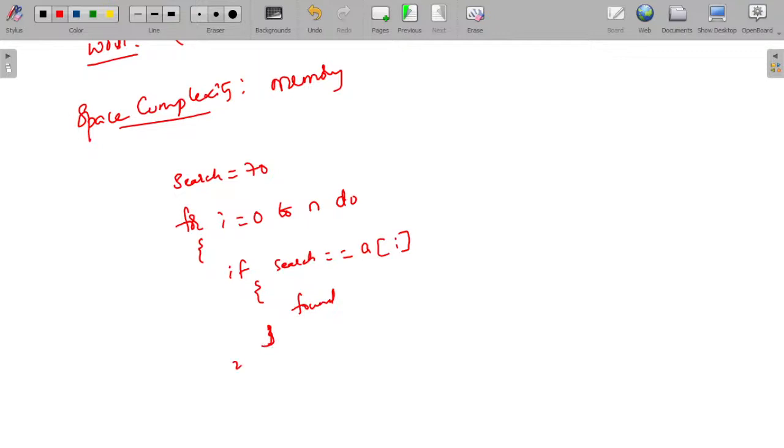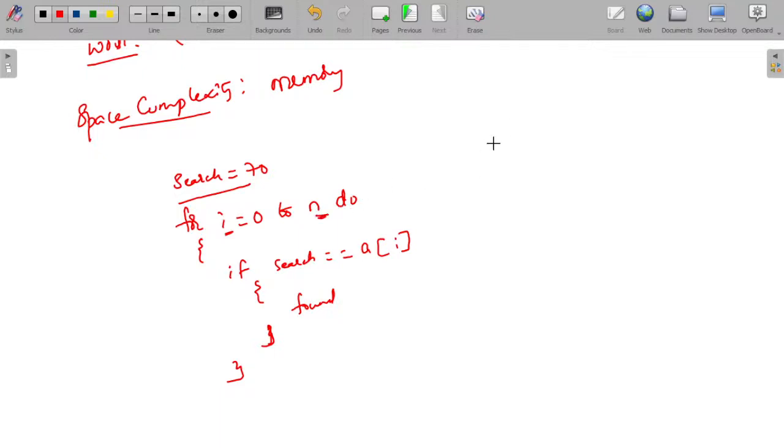Okay, so here the amount of space that it is going to take is, first we have to compute the constant space. So these particular variables are not going to change. I mean, the amount of space that they are going to occupy is the same. So here we have the constant variables: the search variable and the i variable. So we have two variables which are going to take the same amount of space. It will not change with respect to the size of the array.